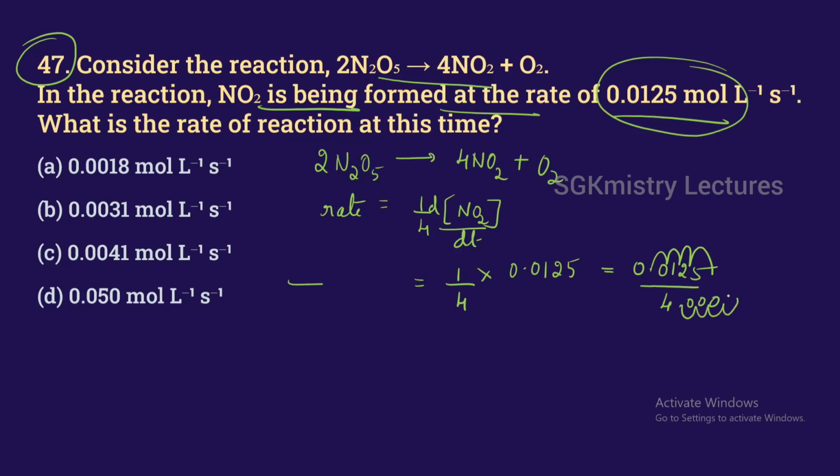So 125 by 40,000, and so on. So I have these numbers now, 0.0031.